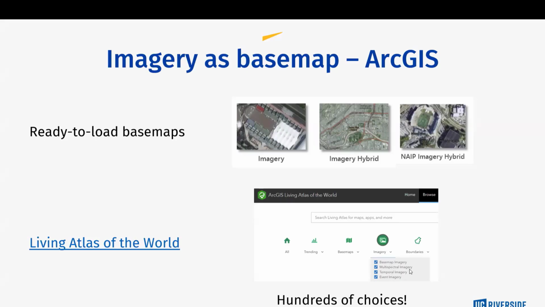They have multispectral imagery. They have some that were acquired over time. And they even have a category called event imagery, which I imagine is things like before or especially after things like the wildfires, the hurricanes, some of those things where you really want to see the before and after. So they've got hundreds of choices. And if you're using Esri products, that would be a really valuable resource.